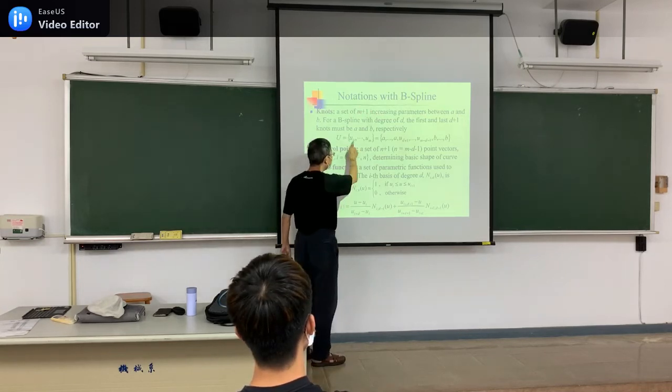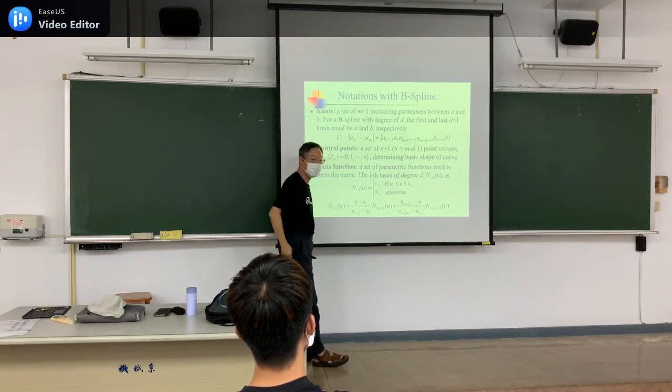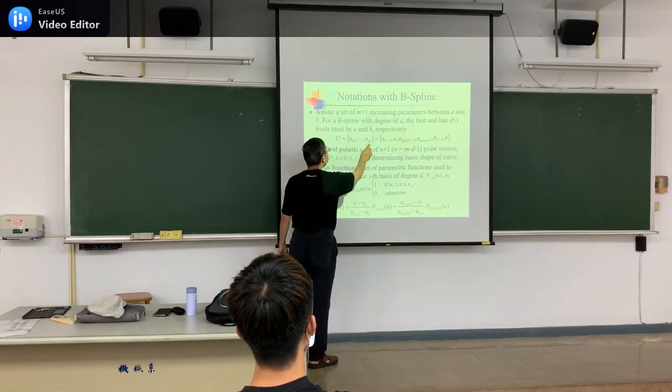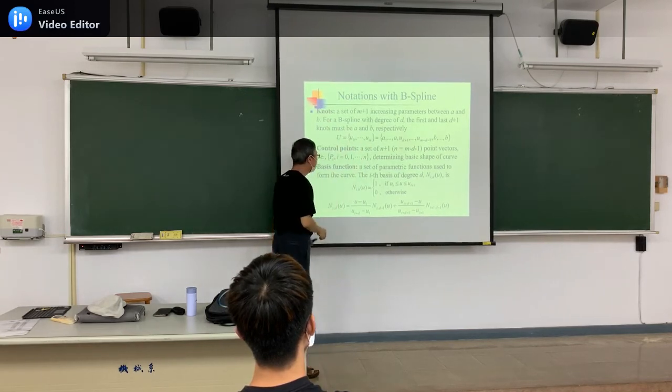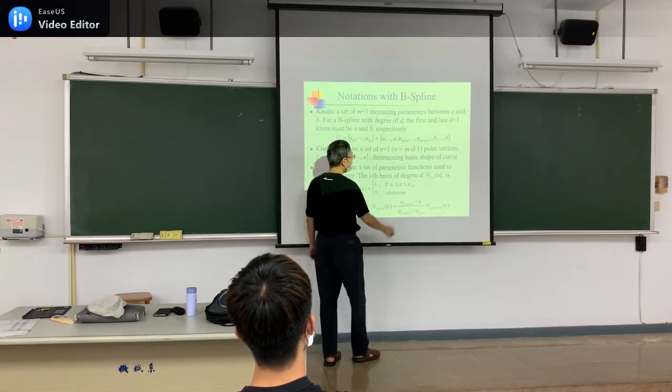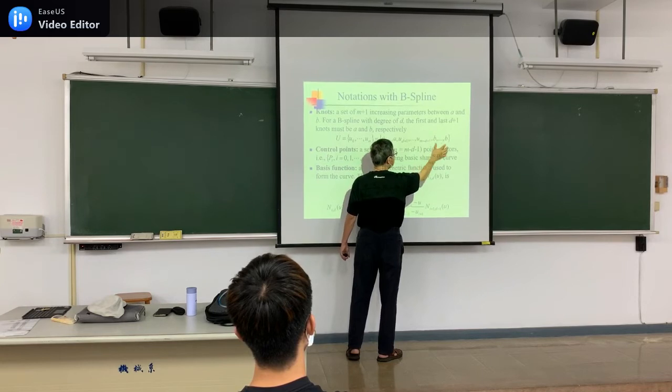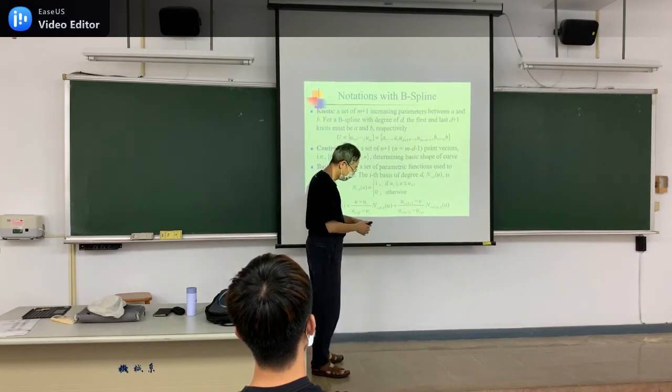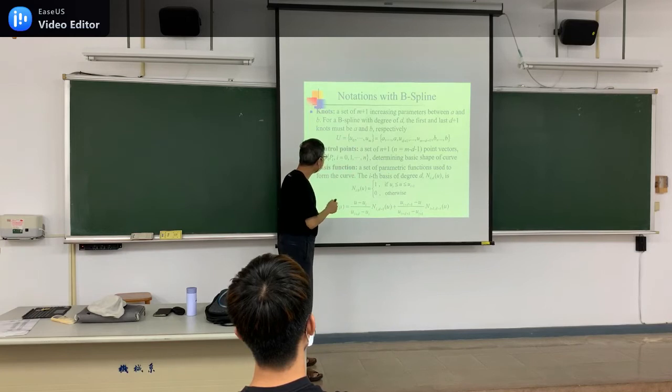So you have u0 up to un, n plus 1 u values. This is what we call knots. And among these n plus 1, there are d plus 1 here, d plus 1 here.